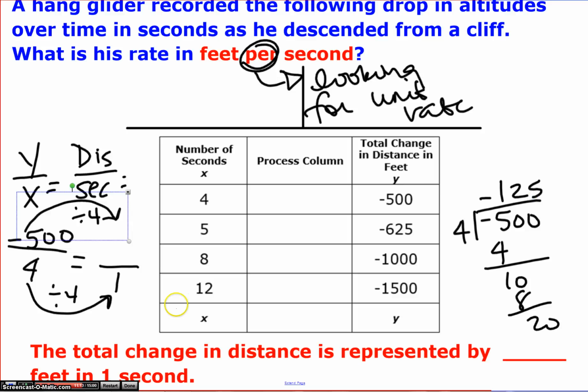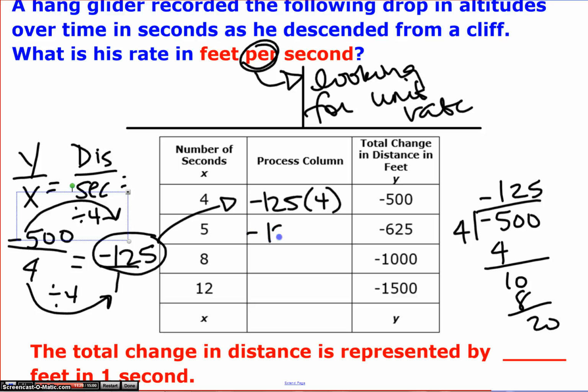The answer is negative 125. So your process, you're taking this number and that is your process. So negative 125 times 4, negative 125 times 5, and so on. So the total change in distance is represented by negative 125 feet in 1 second.